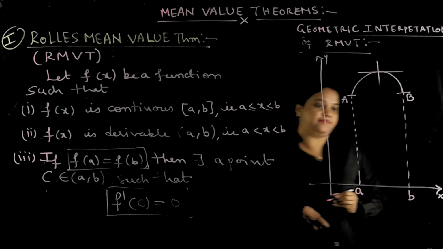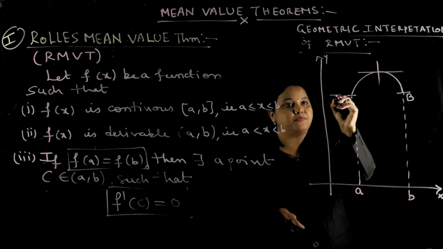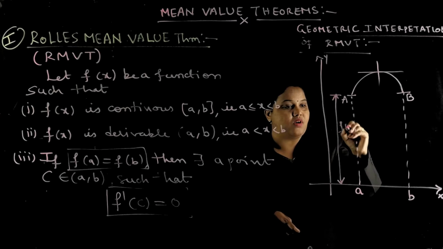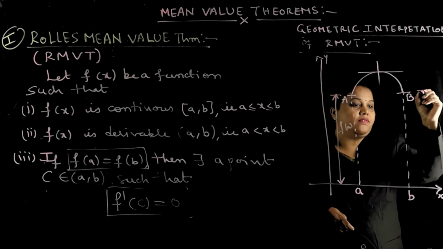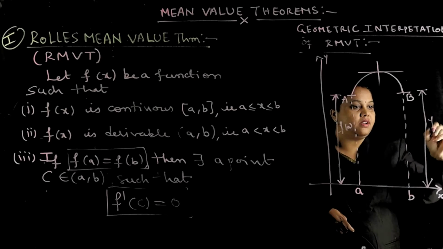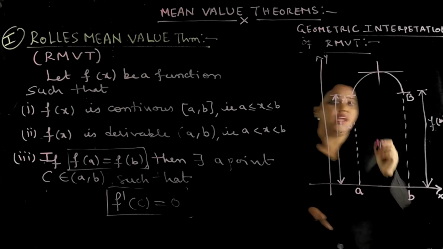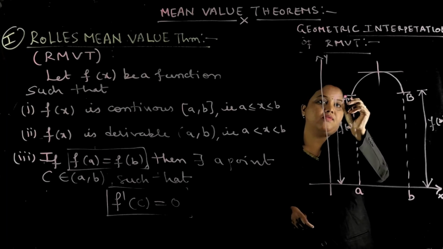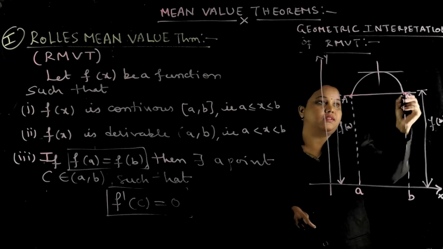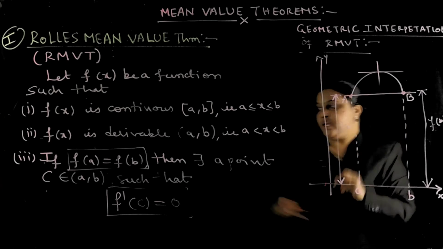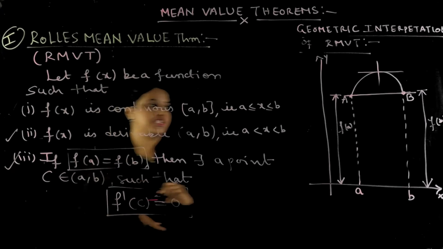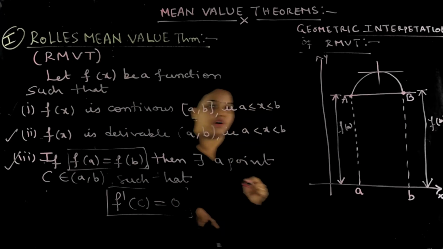If you observe, this part is nothing but your f of A, whereas this region is nothing but your f of B. And if you see here, we have started the curve and ended the curve at the same point. Why? Because it should satisfy the third condition, f of A should be equal to f of B.